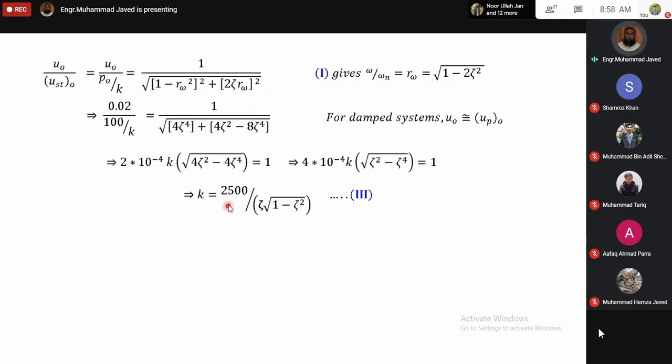Further simplification results in this equation. So now we have two equations and two unknowns, so we can solve this problem.